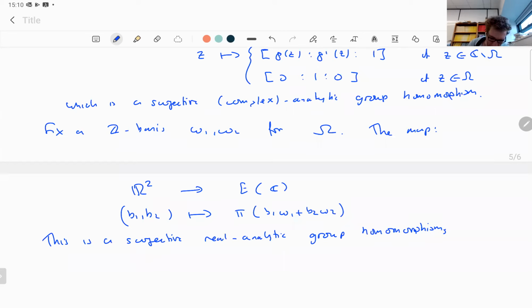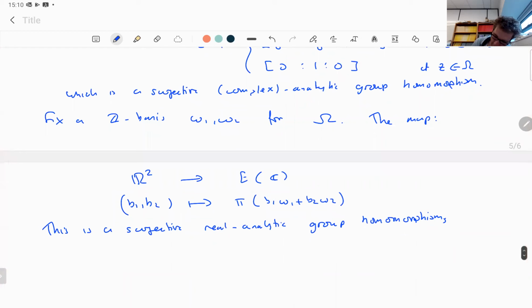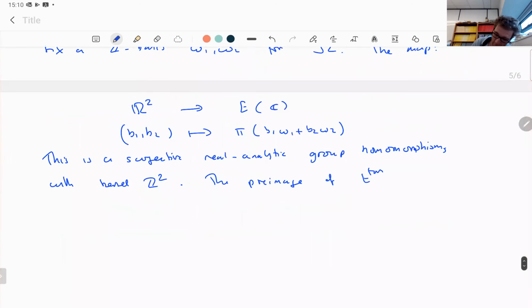And its kernel is the points such that this lies in the lattice. Because these are generators of the lattice, that's exactly Z squared. And then the pre-image of the torsion points on E is exactly Q squared.